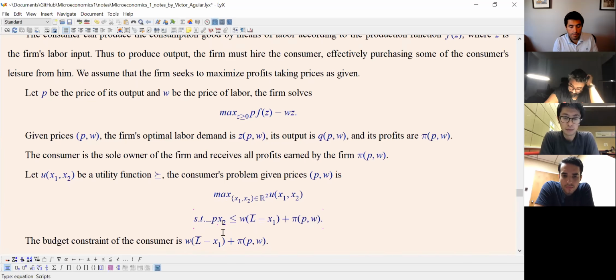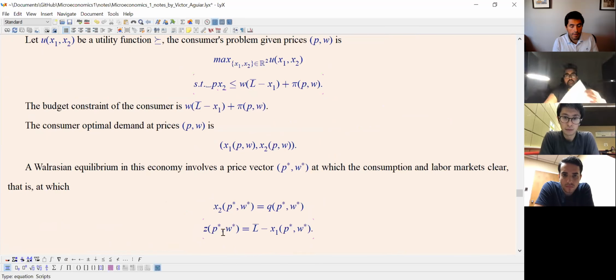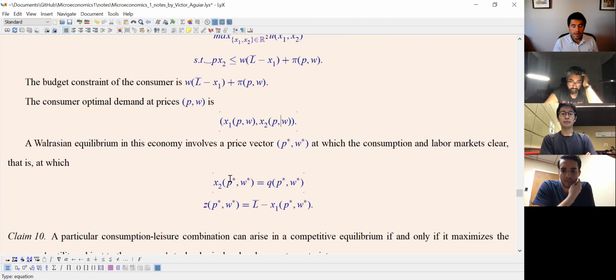I maximize this problem, and now I'm going to get as a solution the consumption of leisure, x1, as a function of price of the output and as a function of wages, and then consumption of coconuts. Okay? And now, what is a Walrasian equilibrium here? Remember that you have to have a market clearing condition, which means that all consumption is equal to all supply plus endowments.